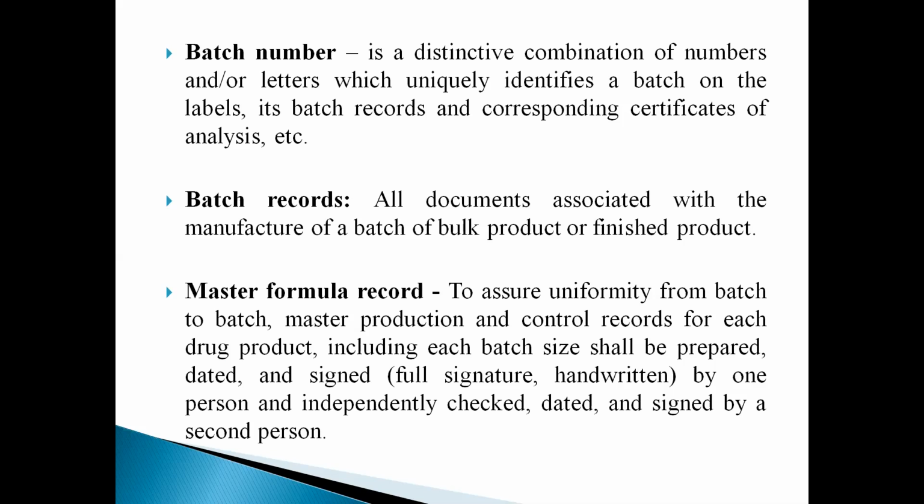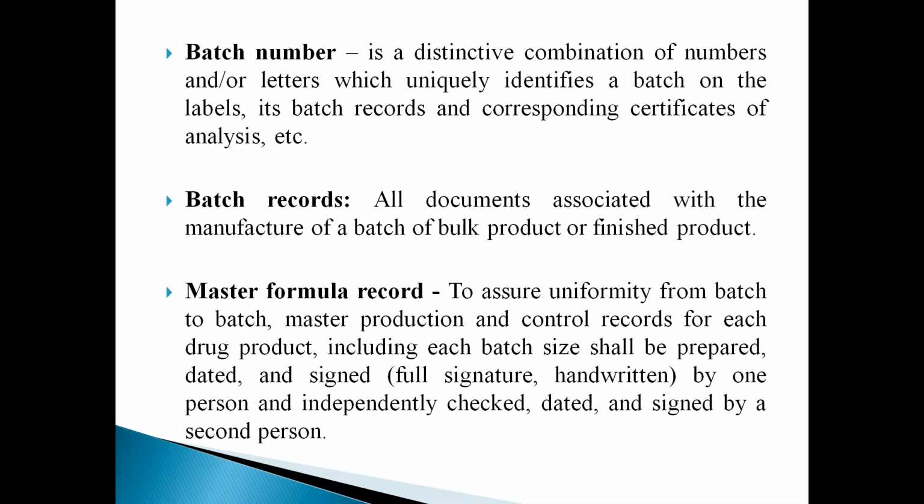Then the master formula record. In this case, the master formula record has to assure the uniformity from batch to batch. So one batch is having one quality, another batch is having another quality. Like that, it should not happen. It should assure uniformity from one batch to another batch.